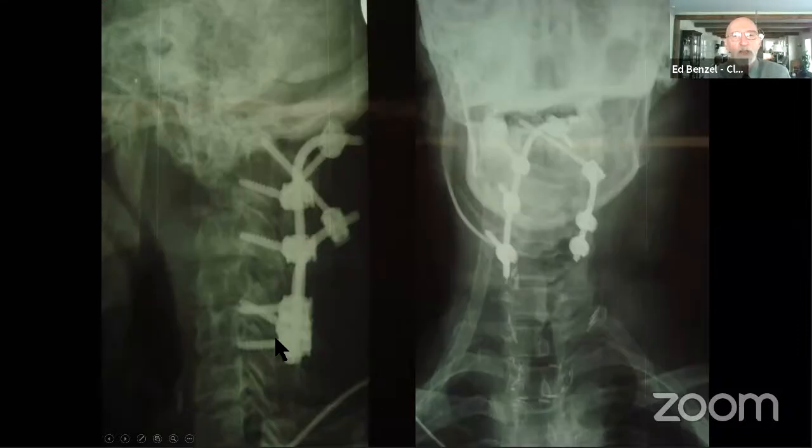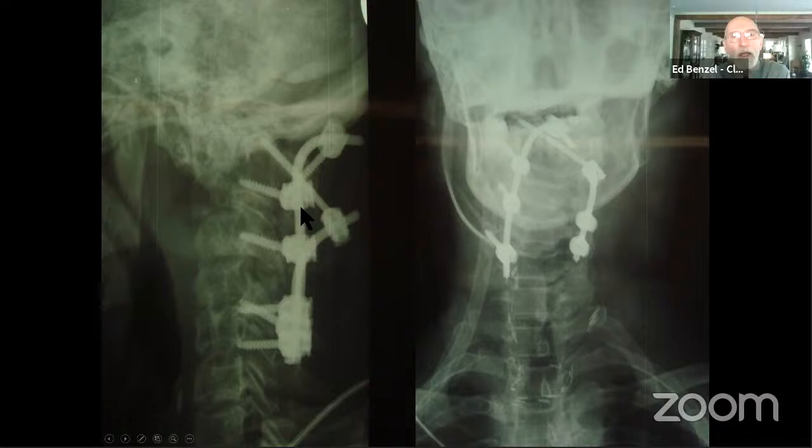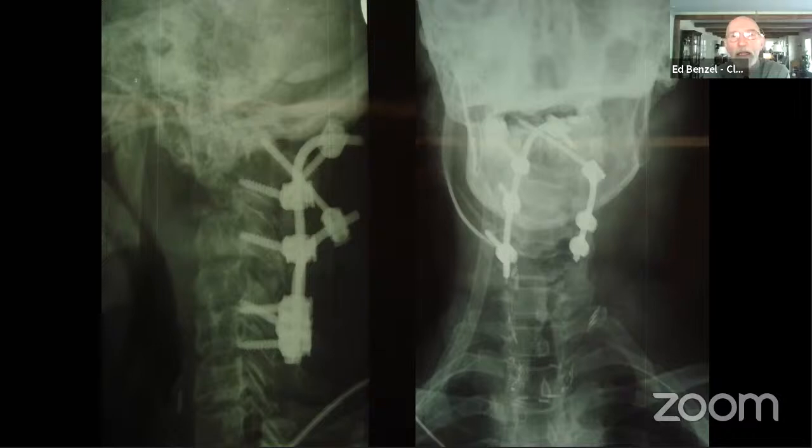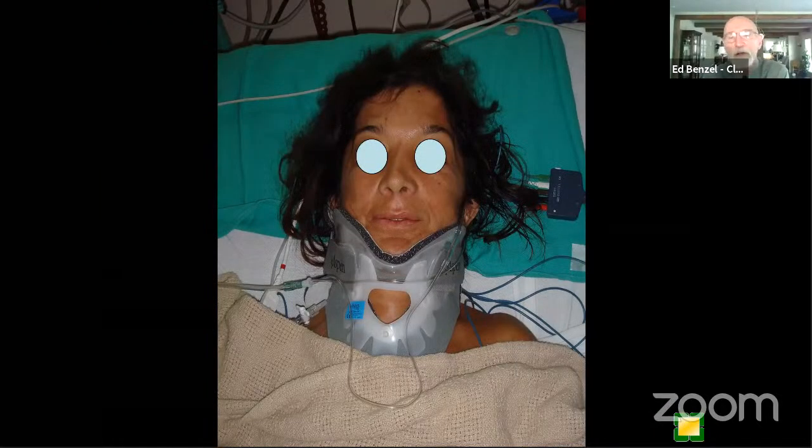And the radiologist's report on this was quite humorous, talking about screws going every which way. And I explained to the patients preoperatively that we need to take advantage of the anatomy that's presented to us. And sometimes the fixation postoperatively can have an odd appearance.